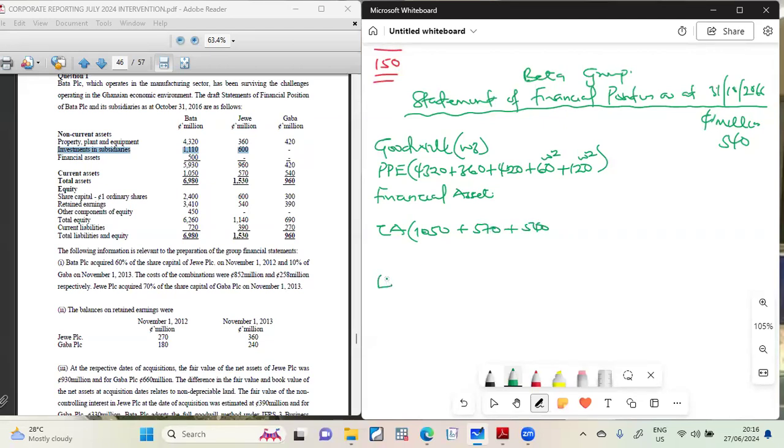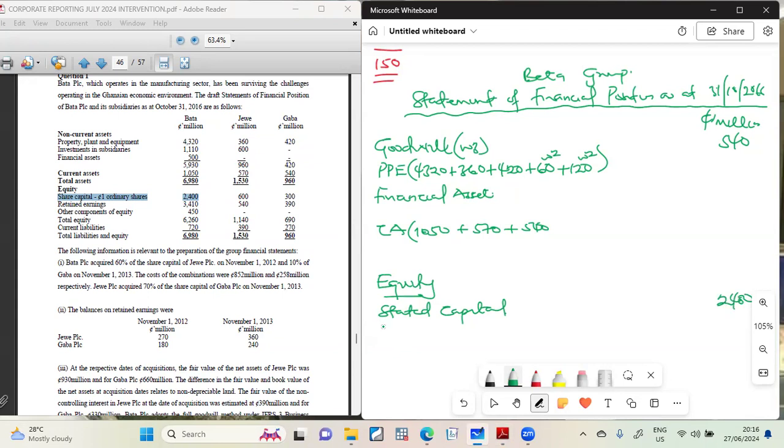Then from there you move on to your equity. Draft it down. You have your stated capital for sure. As you can see, stated capital, that one is the same for the parent. So you can write that stated capital for parent is 2,400.